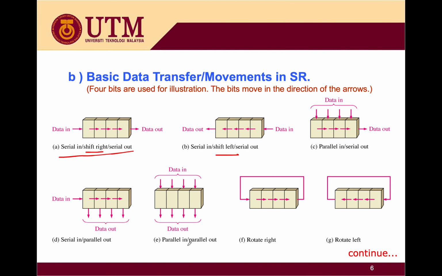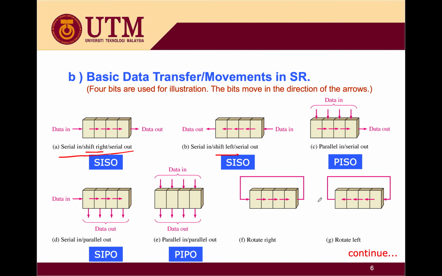You can have the parallel in and then parallel out directly, and you can also have rotate right and rotate left, and there are also several others. Let's take a look at what SIPO, SISO, PISO are, and so on. So this is how the movement can be.